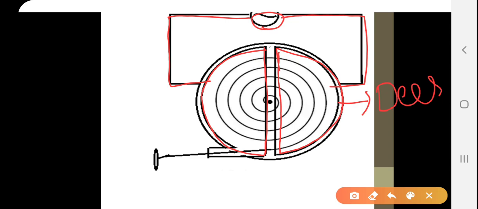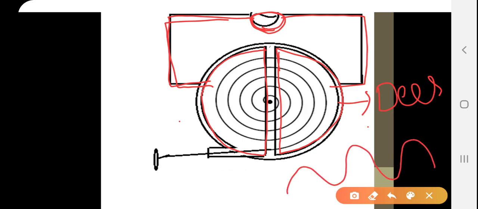This is one terminal and this is another terminal. If this is connected with an alternating voltage, there will be an oscillating frequency.